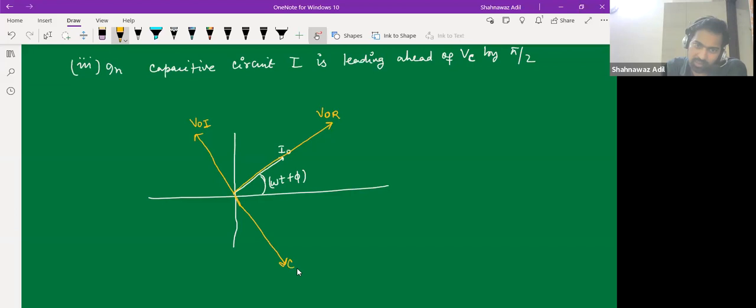So this is my V naught C. Is this part clear?